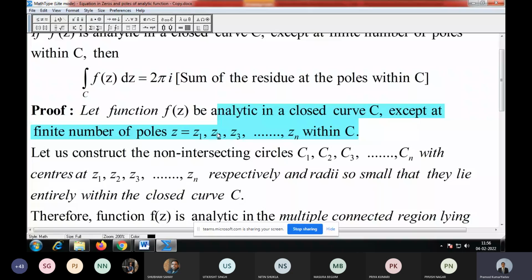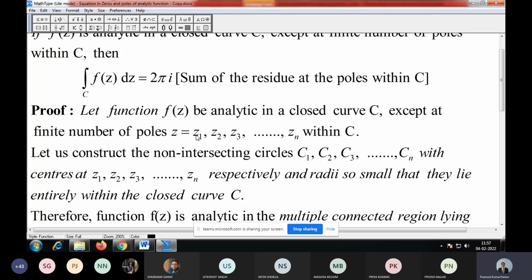If f(z) is analytic in a closed curve C, except some finite number of poles z1, z2, z3, and so on, zn, you can see. So what can we do? We can construct circles centered at z1, z2, z3, z4, and so on, zn respectively with small radii. So we are going to do it like this.